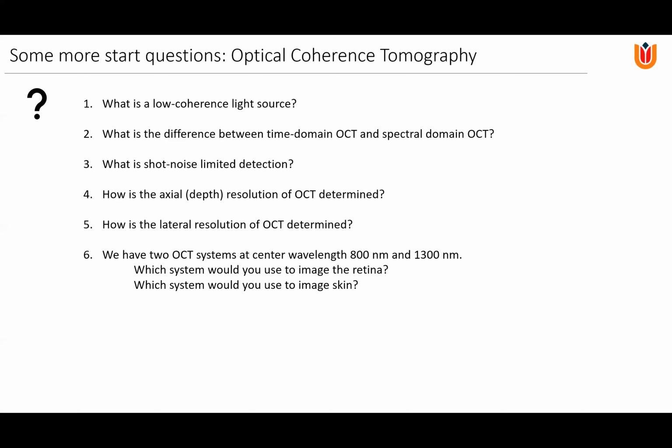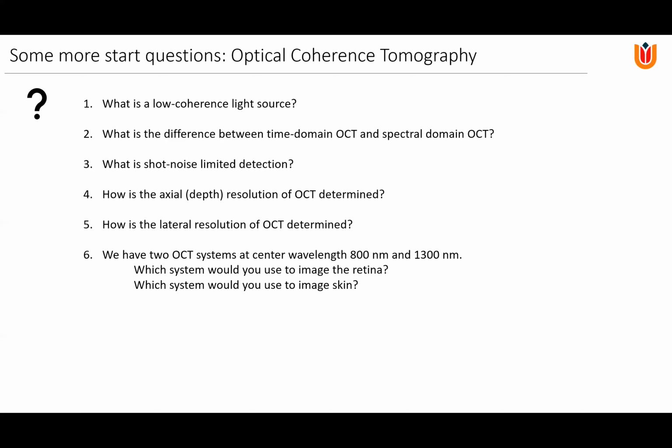And you can pick one of these two systems to either image the retina, naturally, so the back of your eye, or some skin condition. So which system would you prefer for any of these applications? And why, of course.